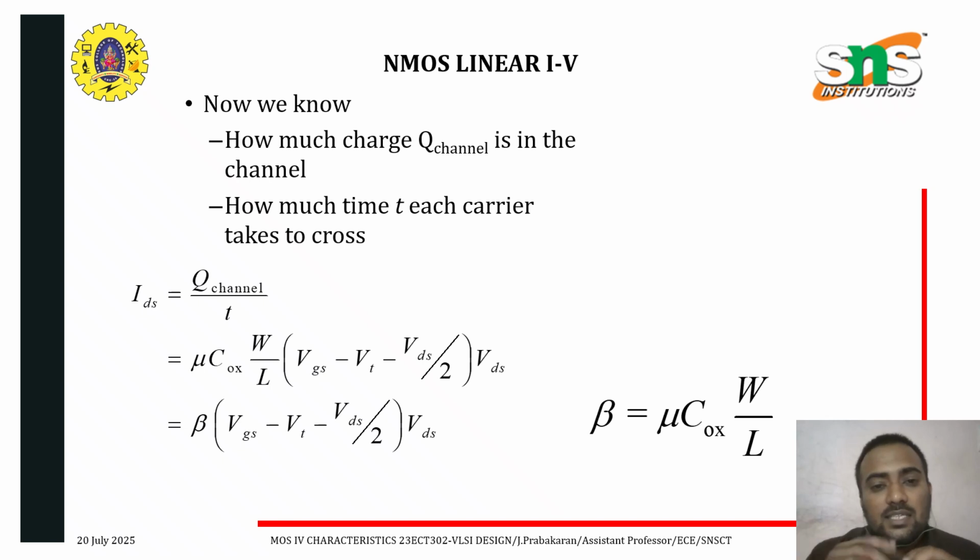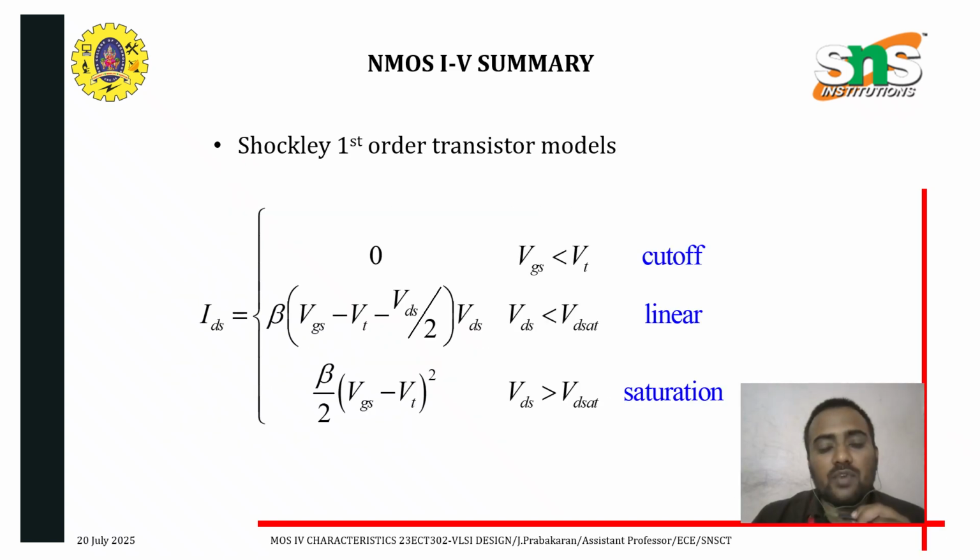And next is NMOS linear IV characteristics, which is nothing but beta. Beta equal to mu into C oxide into width of the channel divided by length of the channel. And finally, we get the NMOS IV summaries.